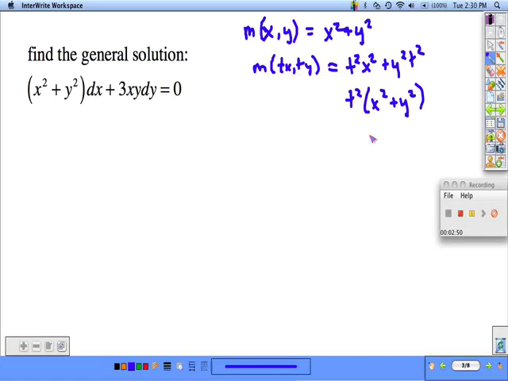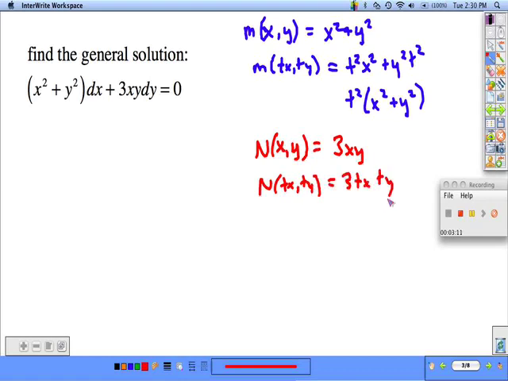So M is homogeneous of degree 2. Then we check the second function, the thing that comes before the dy, and that would be 3xy. And we plug in our tx and ty. And N is also homogeneous of degree 2.